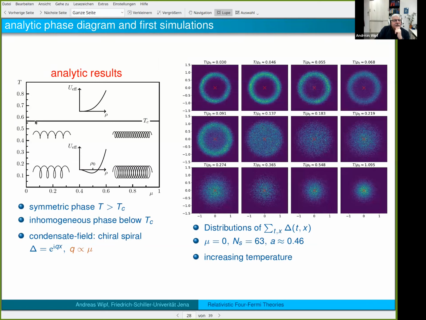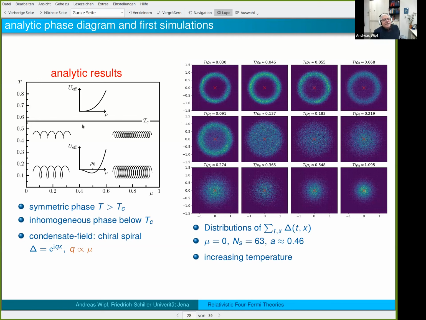There's an inhomogeneous phase for low temperature at any chemical potential, and there's a symmetric phase for high temperature, but any value of the chemical potential. So this is a phase boundary. It's really a constant line with constant critical temperature.